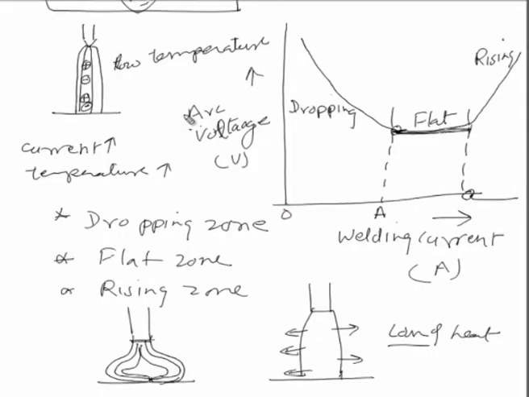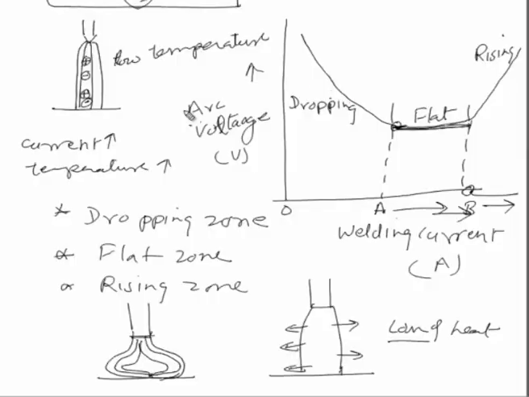So, we can say from 0 to A level of the welding current, there is a dropping characteristic zone. From A to B level, there is a flat characteristic zone, and above the B level there is a rising characteristic zone, in which the bulging or distortion in the shape of the arc leads to an increase in the arc voltage.